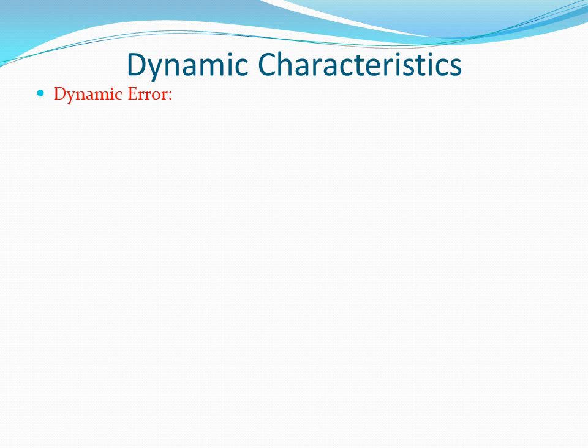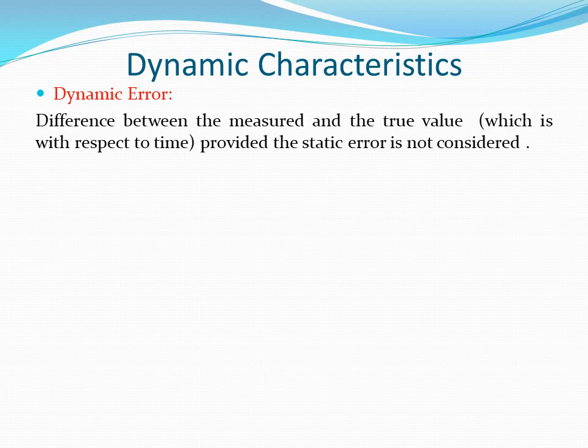If the true value is varying with respect to time, then I can take it as a dynamic error, provided the static error is not considered. So an error is always a difference between the measured value and the true value.